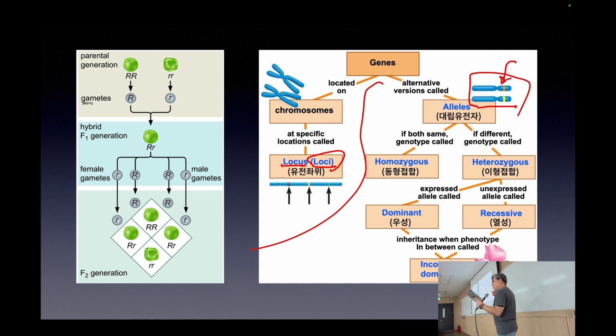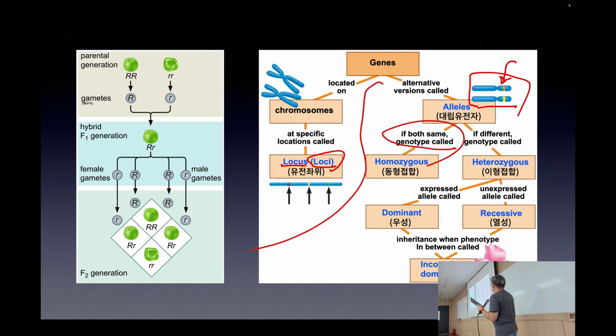Both yellow and orange indicate the same locus, which means the same genes, because this is a homologous chromosome. You are a diploid individual because you have homologous pairs for each different chromosome.